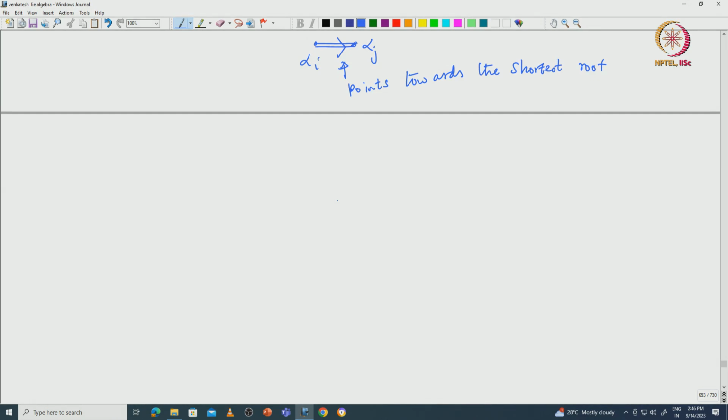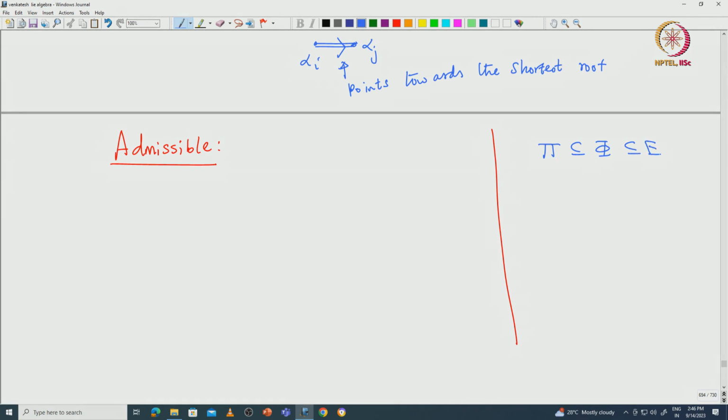So what is an admissible subset of the Euclidean space E? Let us first define it. It is naturally motivated from the base. So recall, what are all the properties of a base? Pi is a base of this root system Phi.